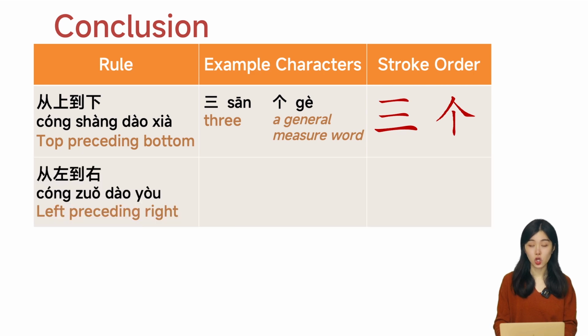Next rule. 从左到右, Left preceding right. See the example characters. 你好. Their stroke orders.